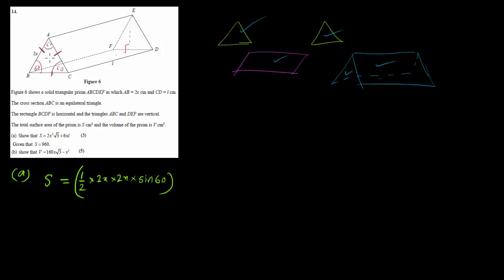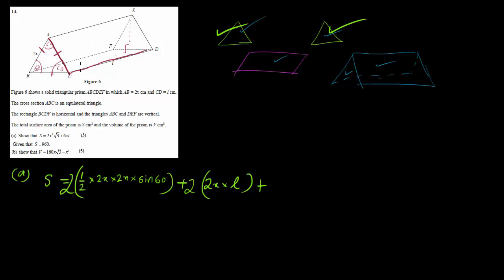And since we have two triangles like this, one in front and the other at the back, we will multiply by 2. Then we have the two rectangles. One side of the rectangle is twice x and the other side is L. So we can write this as twice x into L, and since there are two rectangles like that, we write times 2.